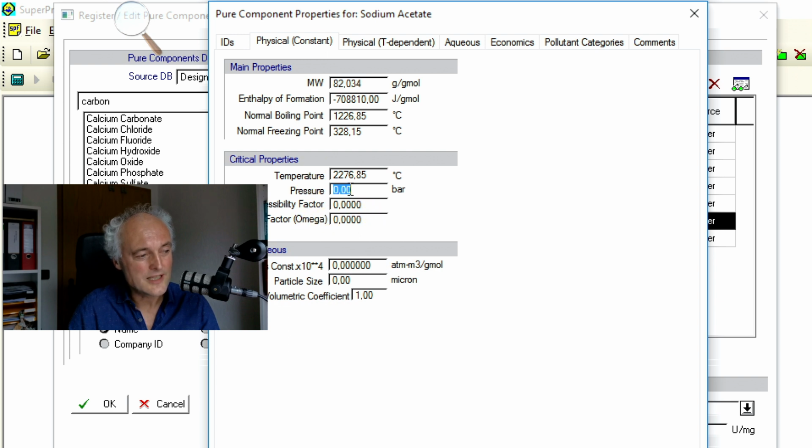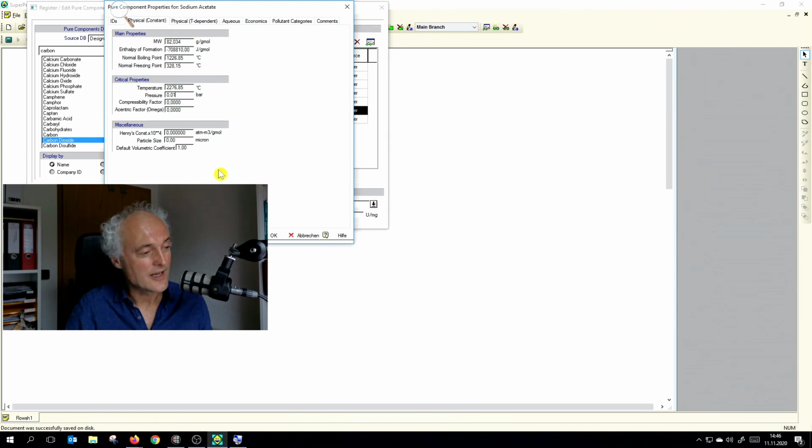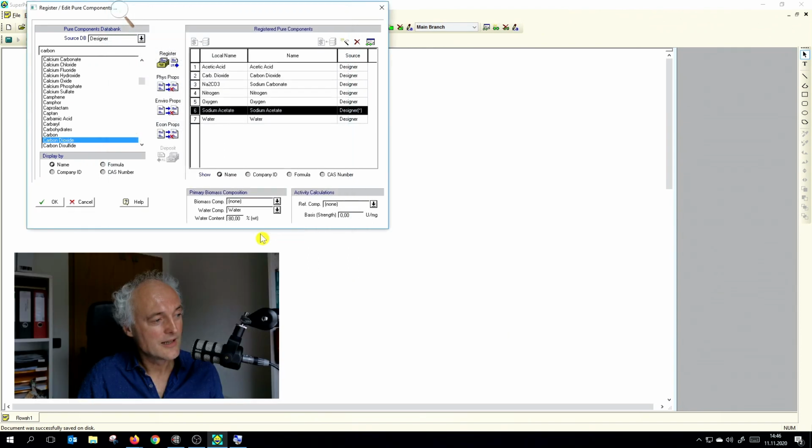We have no idea how high this critical pressure should be. However, we know that for our process, the critical pressure is of no relevance at all. So I simply put in 0.01 bar, which is certainly not correct. And I click OK. And I click again, OK.